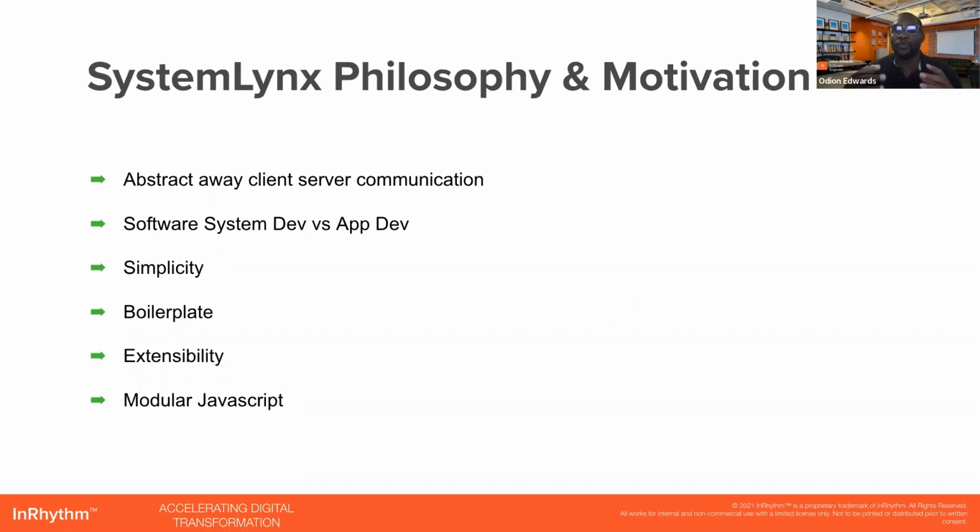For example, when we develop Express servers, we install Express, then we install JSON parser, then we install Multer, then we configure all that. SystemLynx has a basic setup that has you ready to develop systems. SystemLynx is about extensibility through plugins and about modular JavaScript.